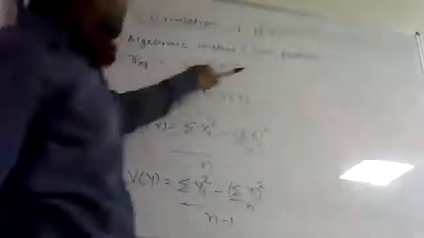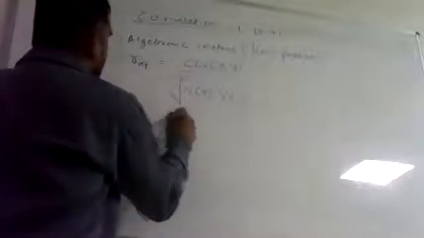Now, what about this covariance between x and y? Variance of x is equal to summation of xi square minus summation xi bracket square divided by n, and whole divided by n minus 1.